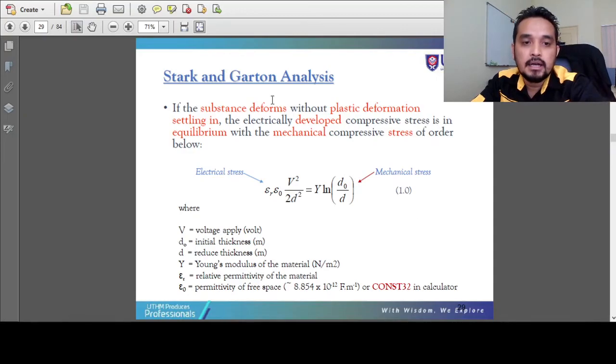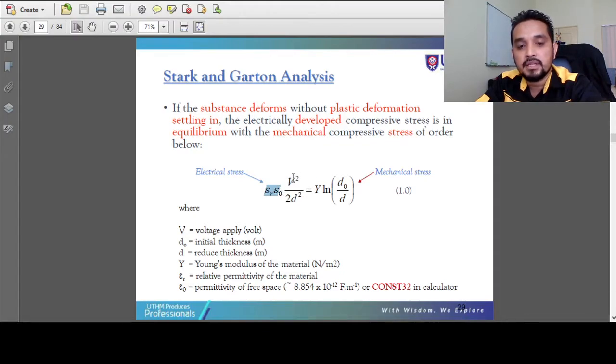Alright, we look a bit at the Stark and Gatton analysis to describe the substance deformation. Deformation of a solid dielectric is expressed by using this formula. Epsilon r is the relative permittivity of the material. Epsilon naught is the permittivity of free space.